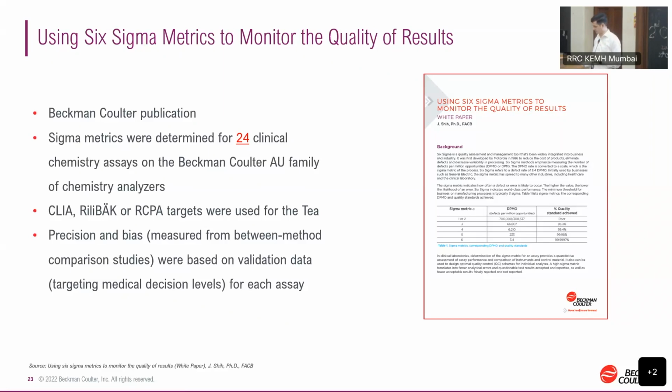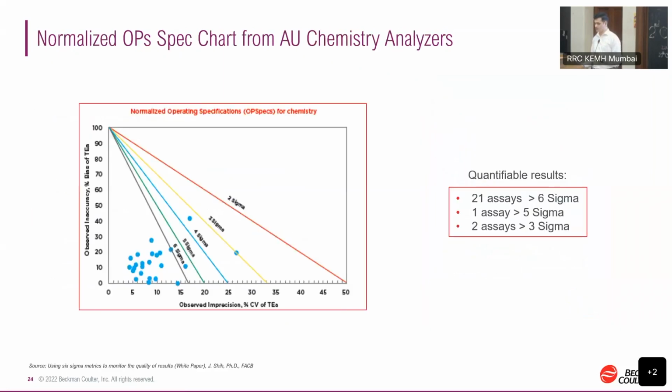We observed that out of 24, 21 assays performed at 6 sigma metrics, 1 assay was less than 5 sigma, and 2 assays were less than 3 sigma.